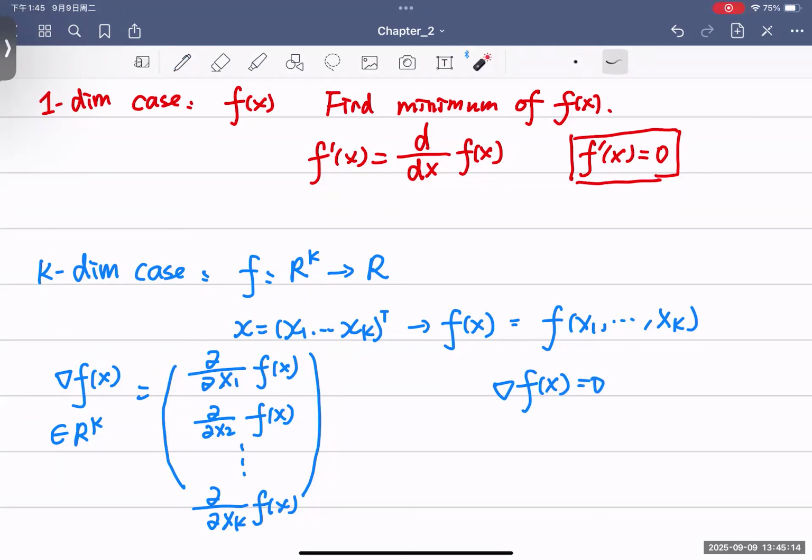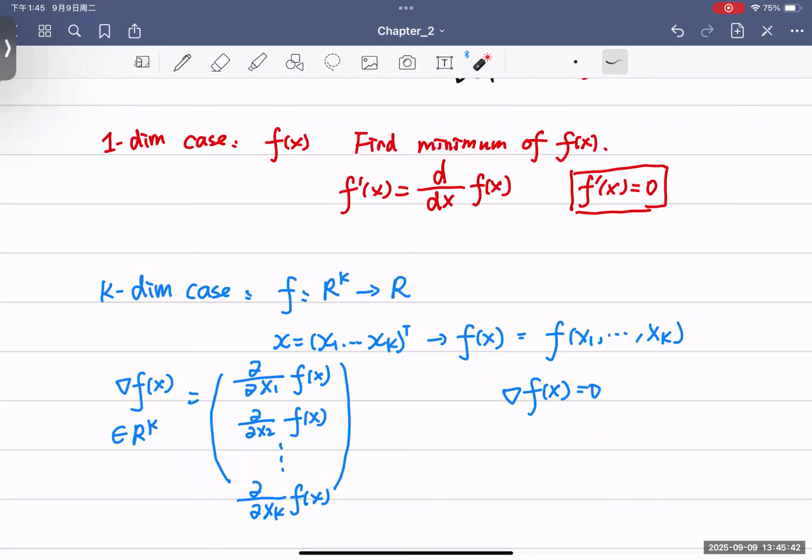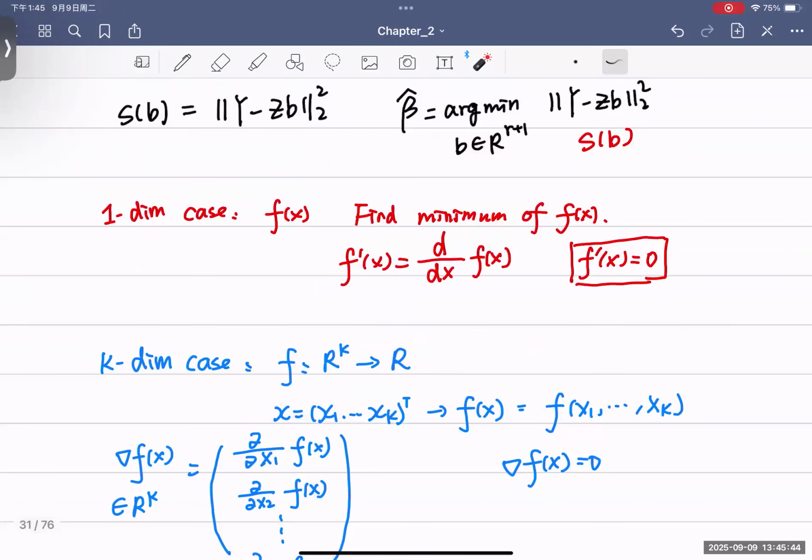So we believe the minimum must be achieved at the place that makes nabla f(x) equal to 0. This is also why, later when we talk about neural network optimization problems, we always use the gradient: we want to find the place where the gradient is 0. This is how we find the minimum of an arbitrary function.